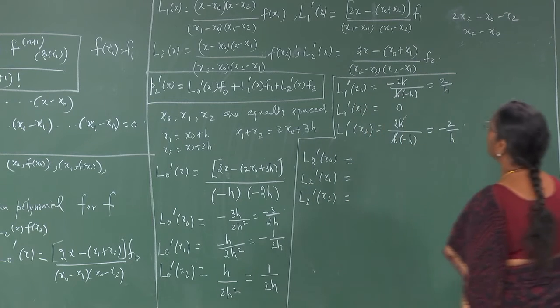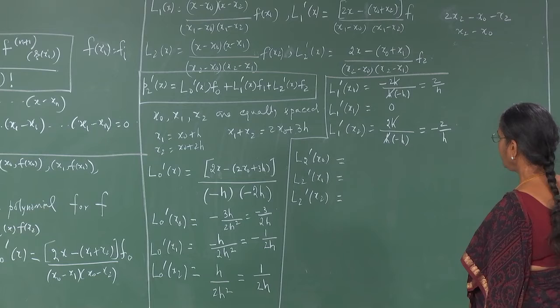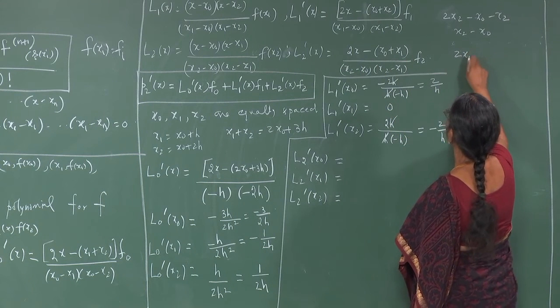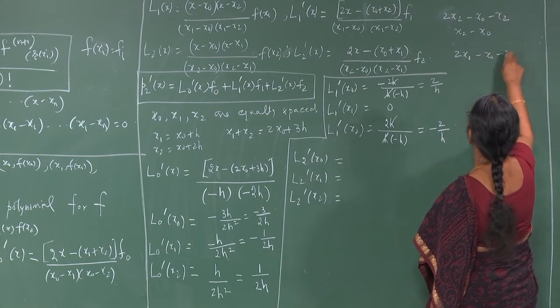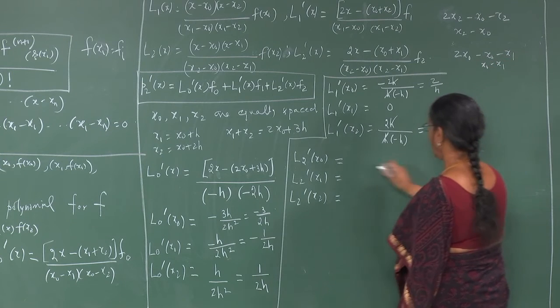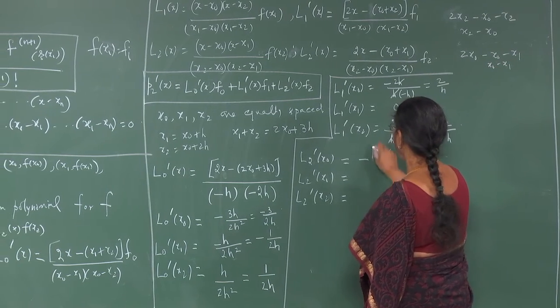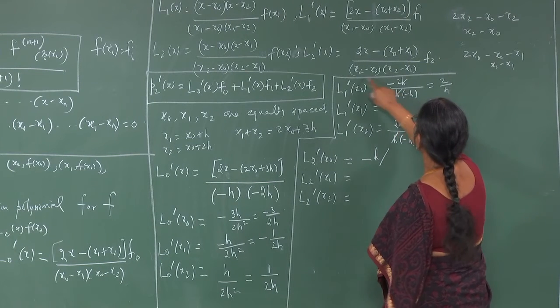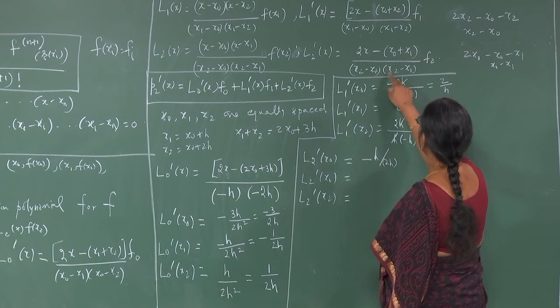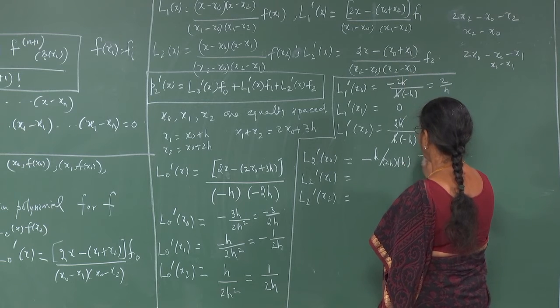So, let us see what we have. L2 dashed at x is given here. So, at x0, 2x0 minus x0 minus x1. So, that will give you x0 minus x1, and so that is minus h, by, what is the denominator? x2 minus x0, that is 2h, into x2 minus x1, that is h.